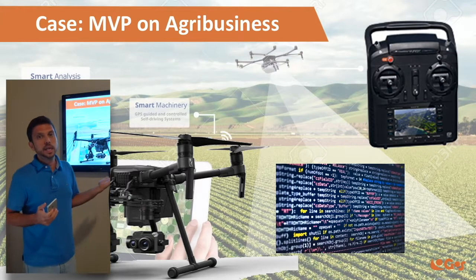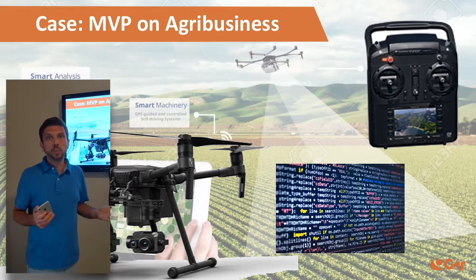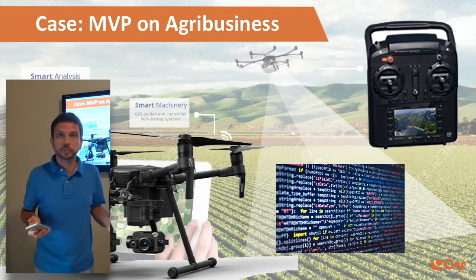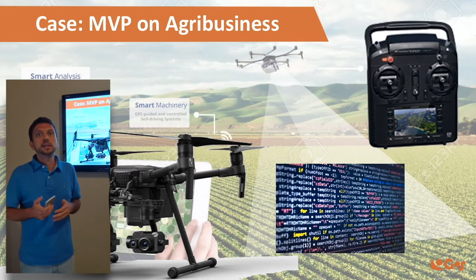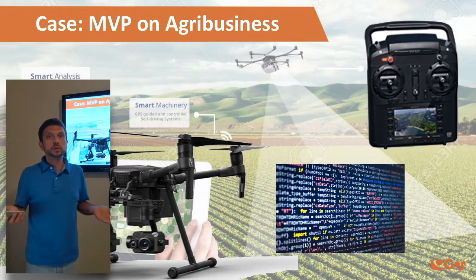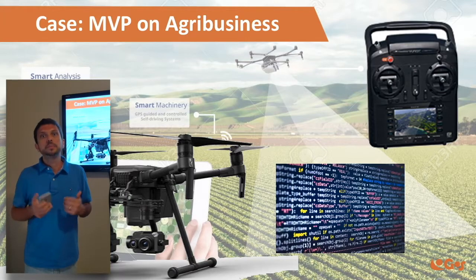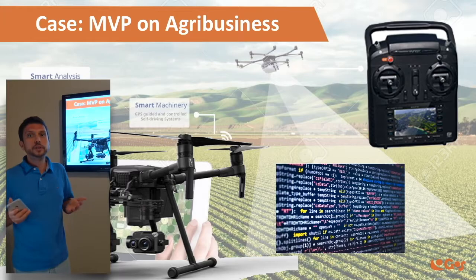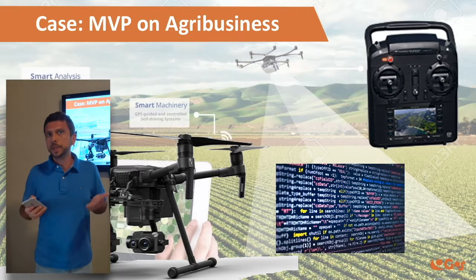So we did it. Instead of 1 year, in 2 months we were running the first MVP, and instead of spending $300,000, we spent only $50,000 to have the first MVP in place. Much better, right?